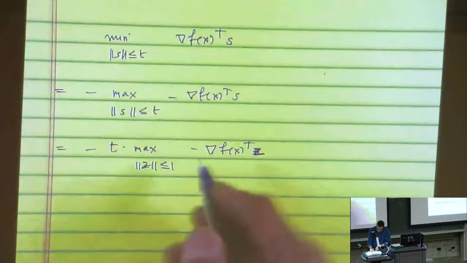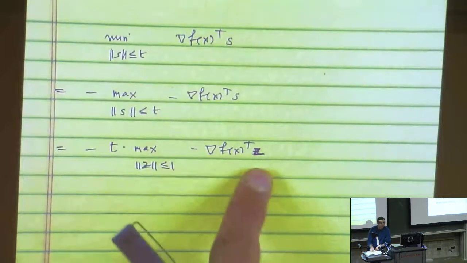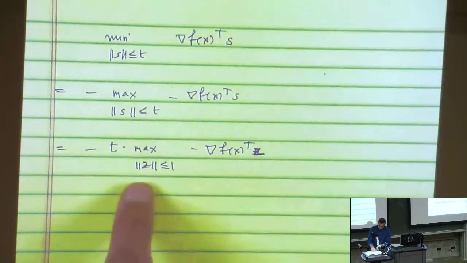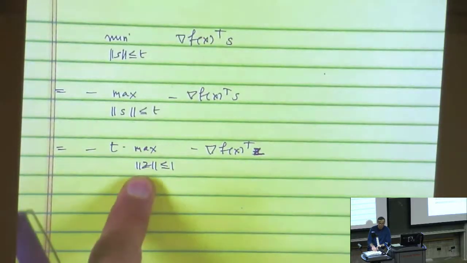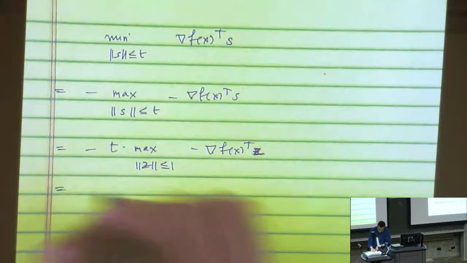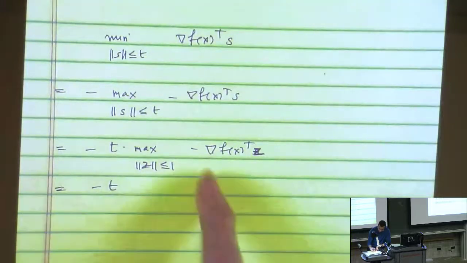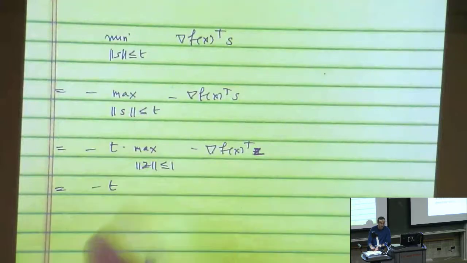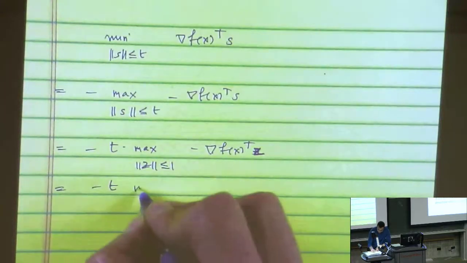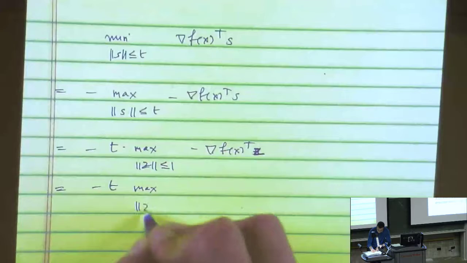And the last thing is I can call this gradient transpose minus z, right? And that'll be the same because the norm of minus z is the norm of z. So it doesn't matter whether I have negative gradient or gradient, because essentially this constraint set is symmetric around the origin. I can write it like this.